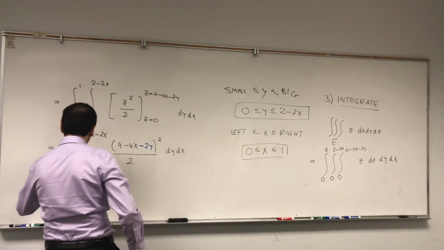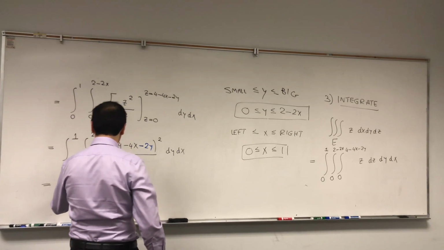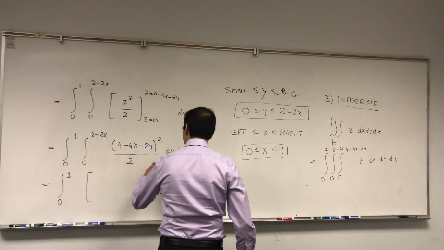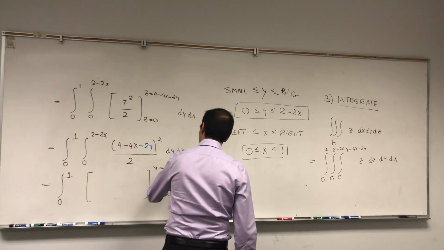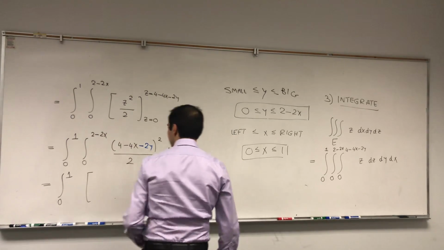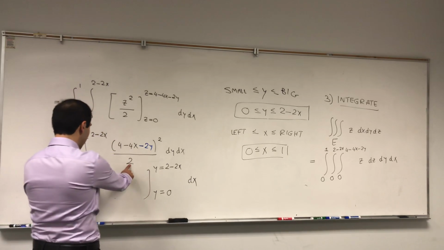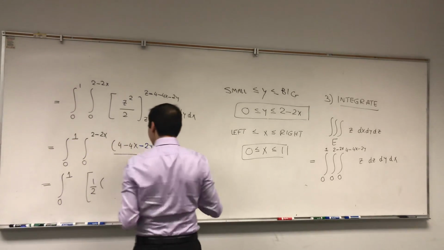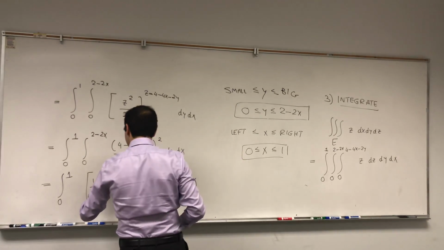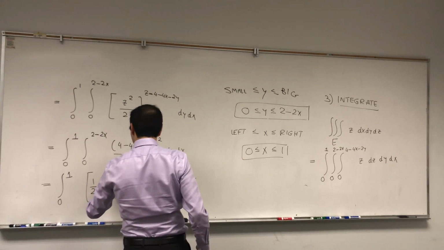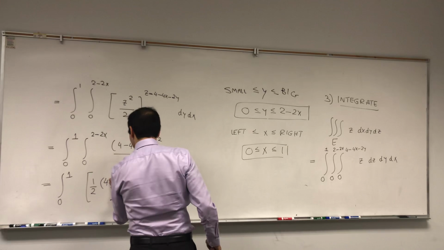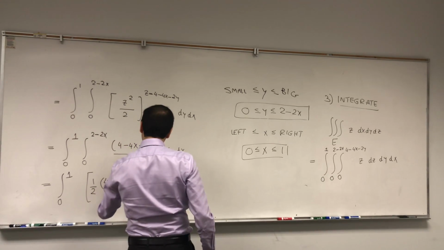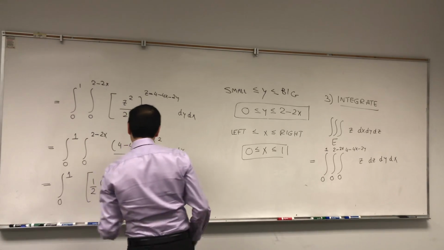So it's the integral from 0 to 1 of, when y equals 0 to y equals 2 minus 2x, dx. So we still have the 1/2. Now, to do this, an antiderivative of a square is a cube. So (4 minus 4x minus 2y) cubed over 3.